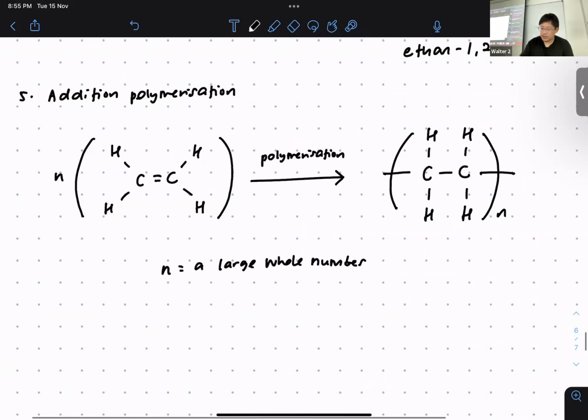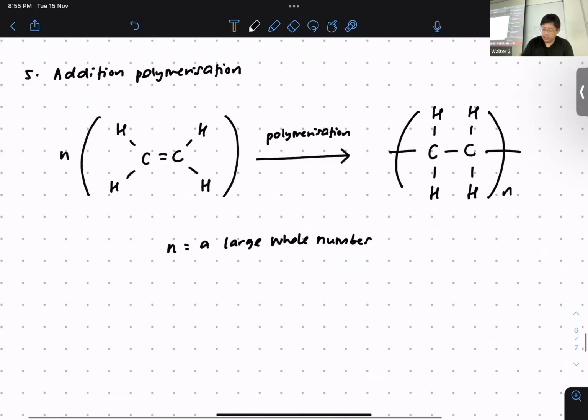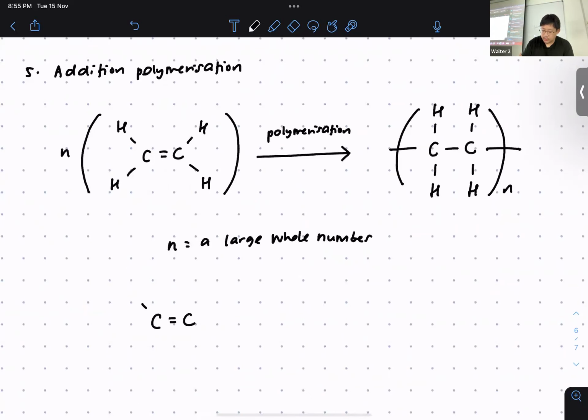How it usually looks is, for example, you have many alkene molecules coming close to each other for polymerization.